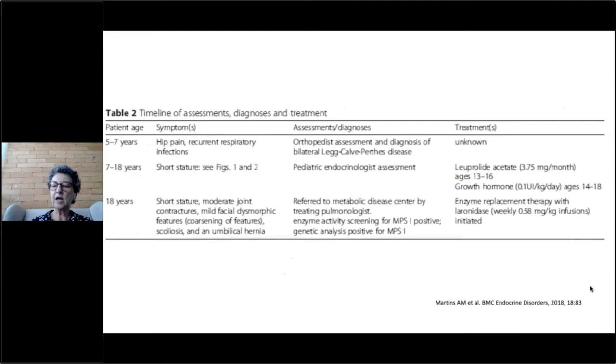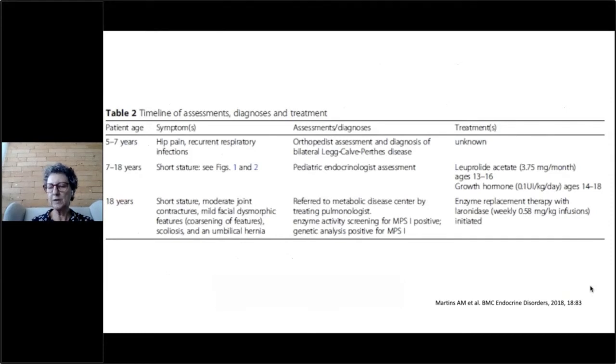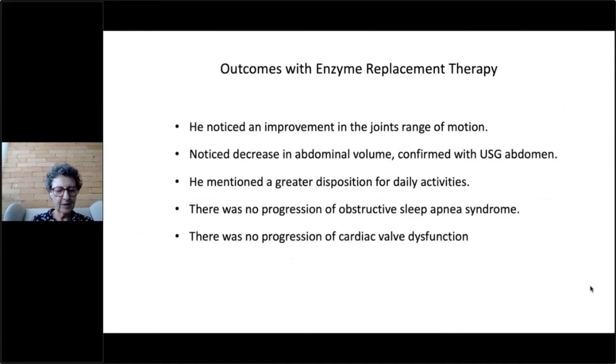He started enzyme replacement therapy with laronidase, weekly, 0.58 milligrams per kilo per infusion. The prognosis is better in patients with an attenuated phenotype because they have a bigger residual enzyme activity.